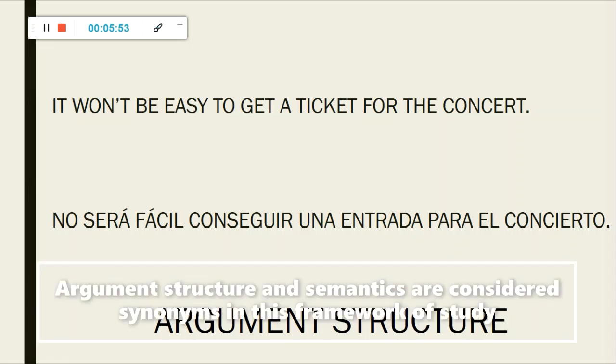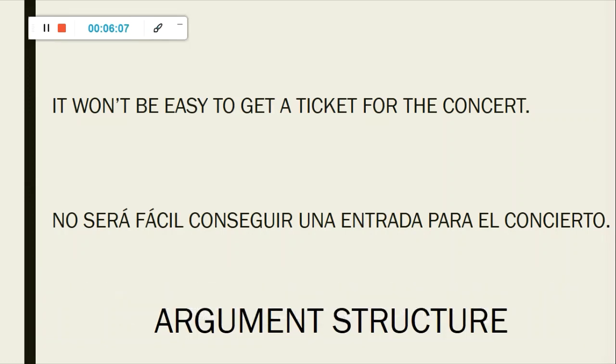Let's see what happens when we analyze argument structure. So we have analyzed syntax, and let's move now to the analysis of argument structure. When we analyze the argument structure of a sentence, we have to look for the predicate that is functioning as predicator. It means that we have to look for the element that is selecting for arguments.